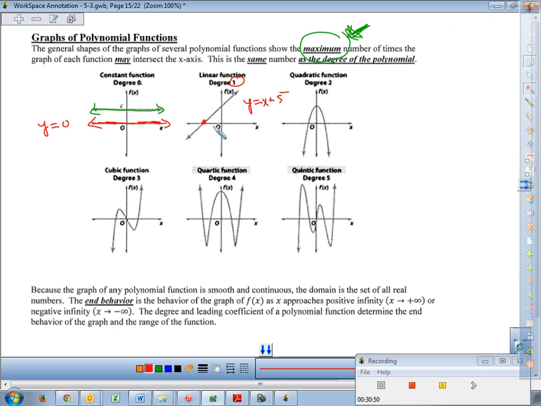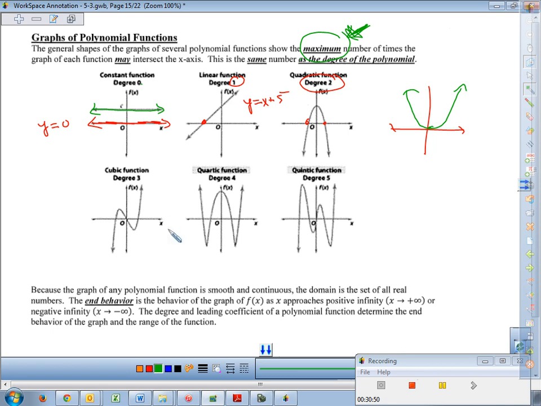If you had a quadratic function, isn't its degree 2? What's the maximum number of times it could cross the x-axis? 2. Now, isn't it possible for it to cross the x-axis a different amount of times, right? Haven't we seen it do it once, right? And haven't we seen it do it no times also, right? It's just about the maximum number of times it could cross the x-axis.